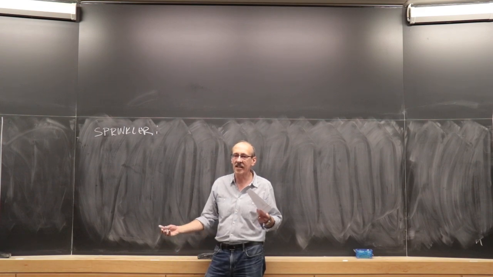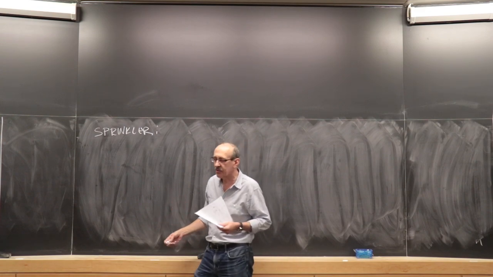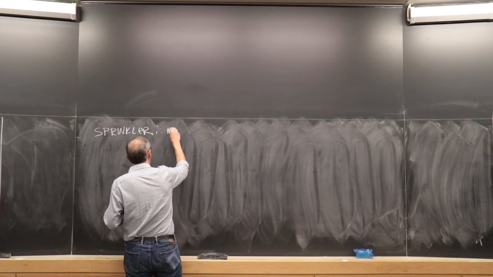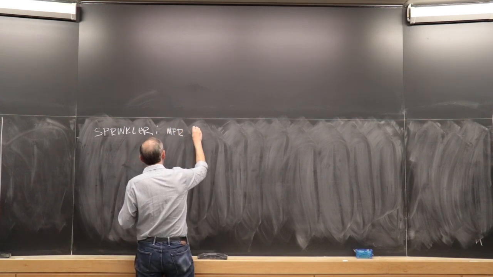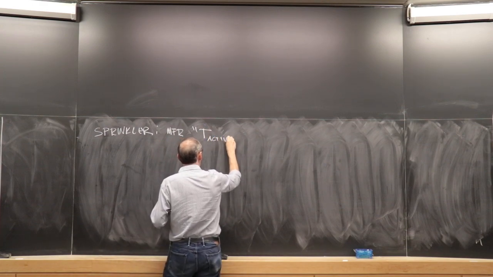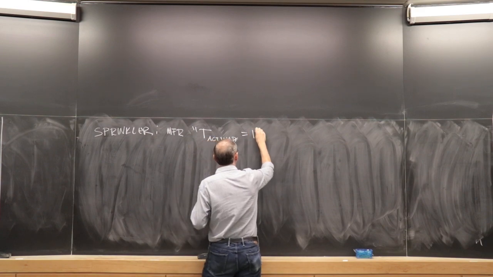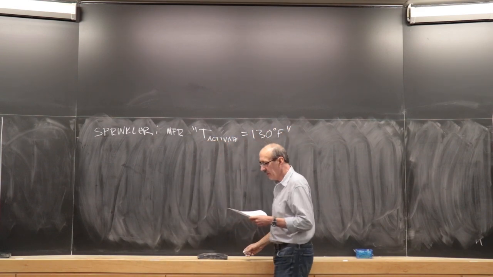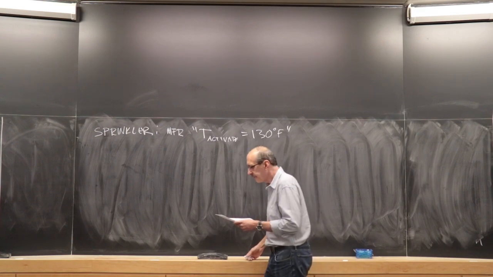You want it to go off when there's flame nearby, so the critical temperature when they activate is pretty important. Now suppose that the manufacturer claims that the temperature for activation is equal to 130 degrees F, which sounds low, but is apparently used.